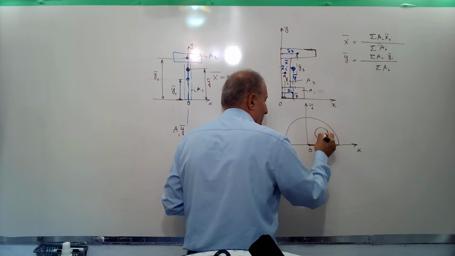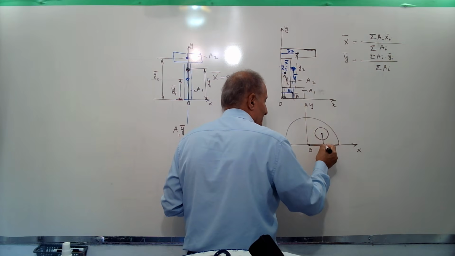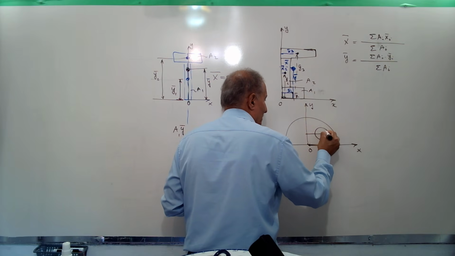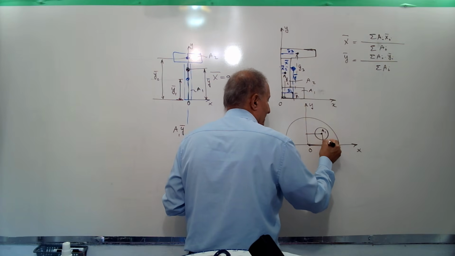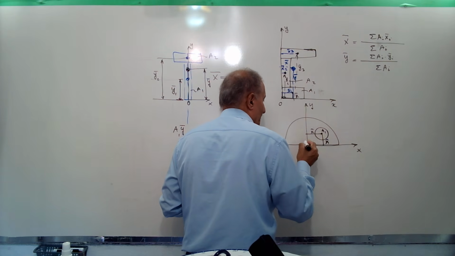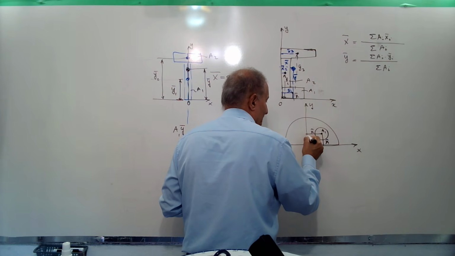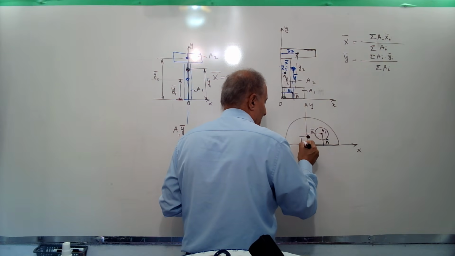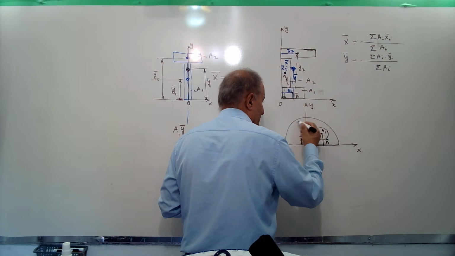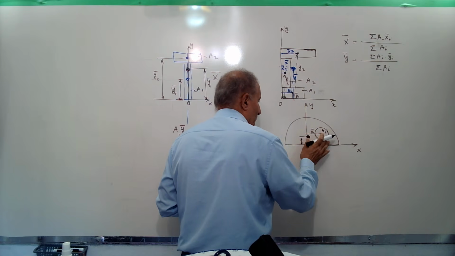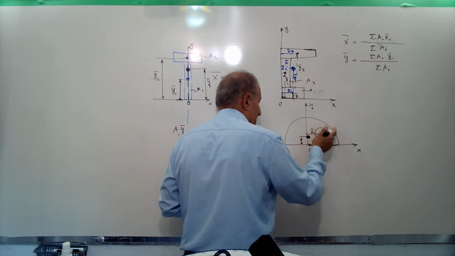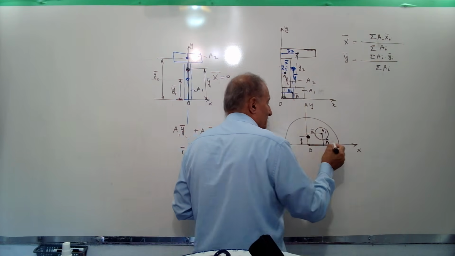Then the centroid of this circle is in here. You can call it A1, y bar 1, x bar 1, and this one we know from the shape of a filled semicircle.